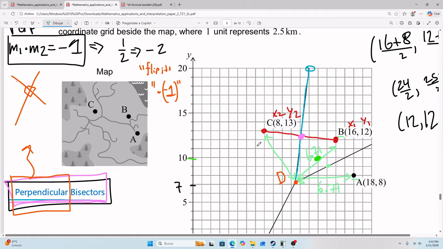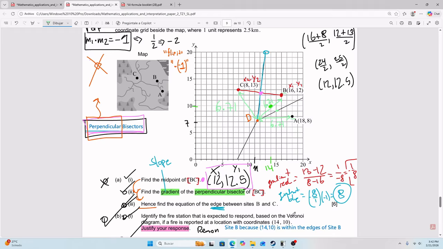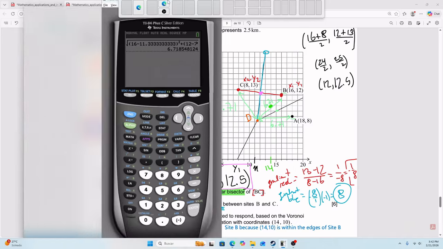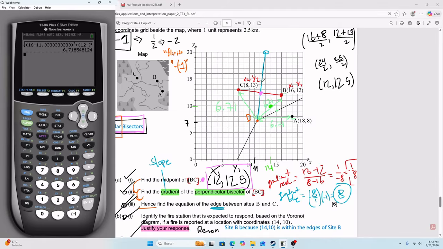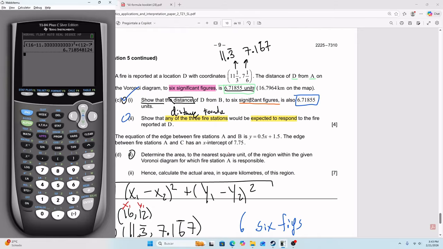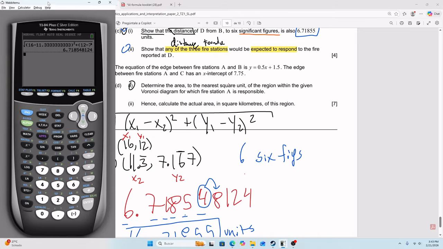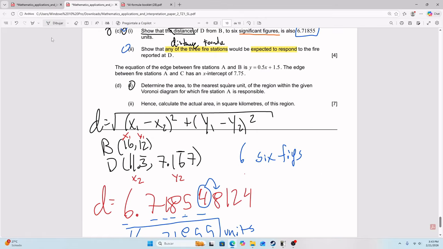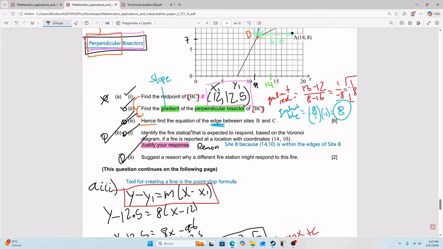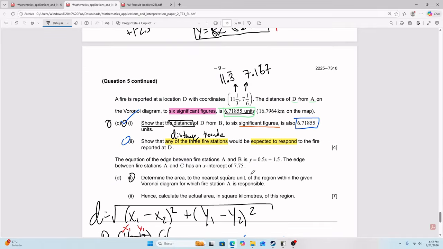So all we have to prove now is that this last point is also going to be 6.71. So applying the distance formula one more time, but this time with regards to C, okay, with regards to CD, our approach is going to change just a little bit. Instead of having B that we're plugging in, we're going to be plugging in C, and C is 8,13.